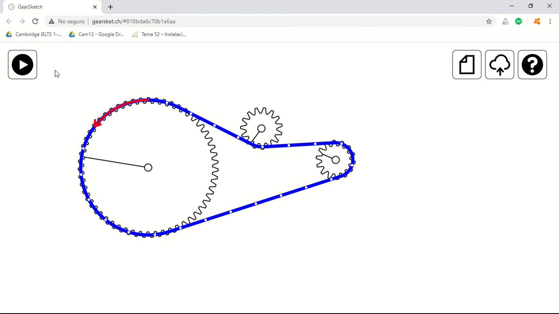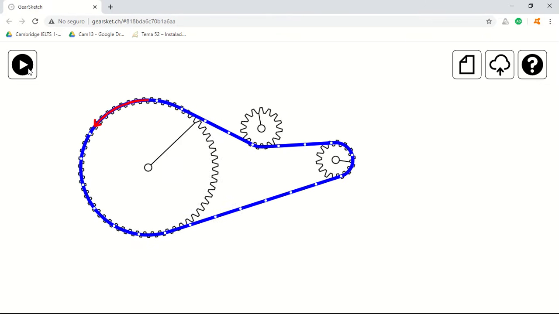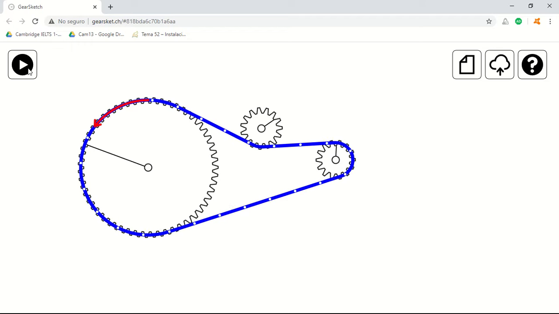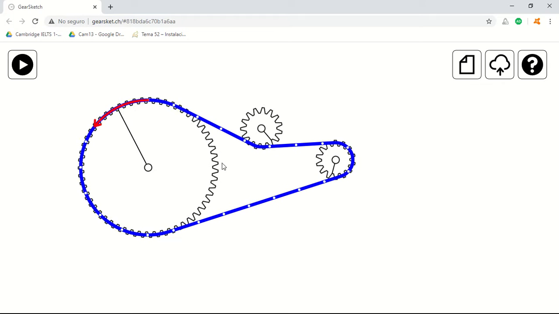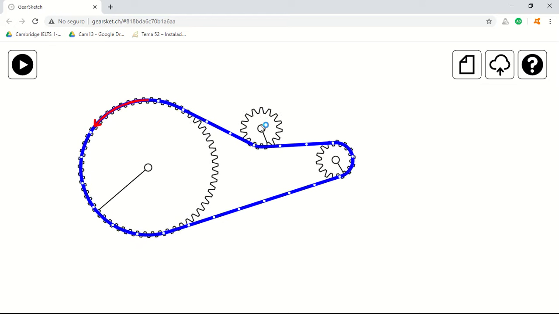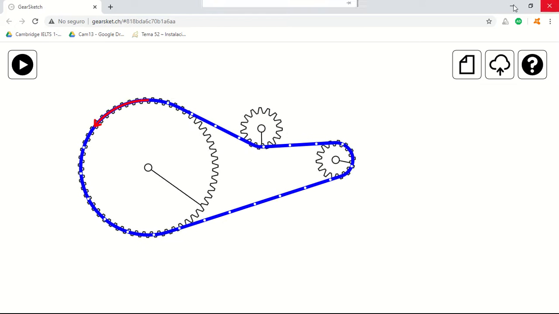It's the same. And as you can see, this turns in one side, this turns in the other side. These two in one side and this in the other side. Okay?